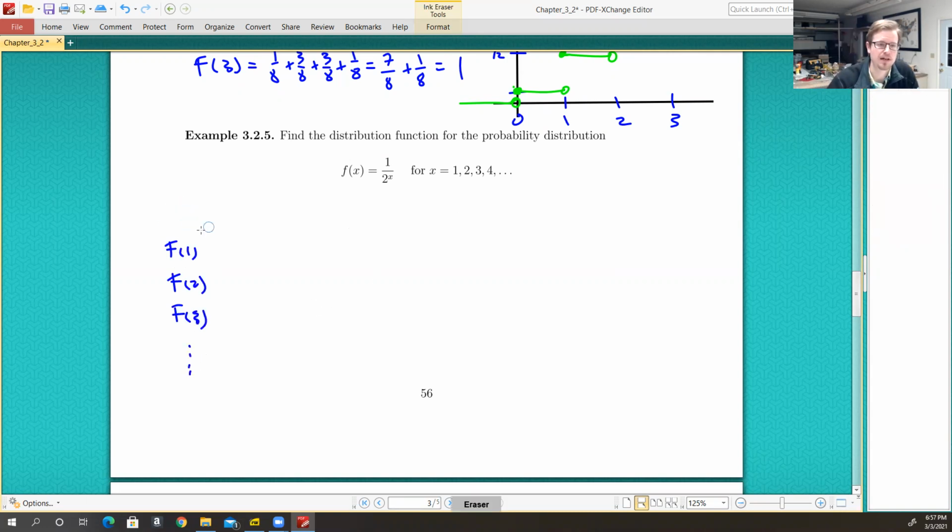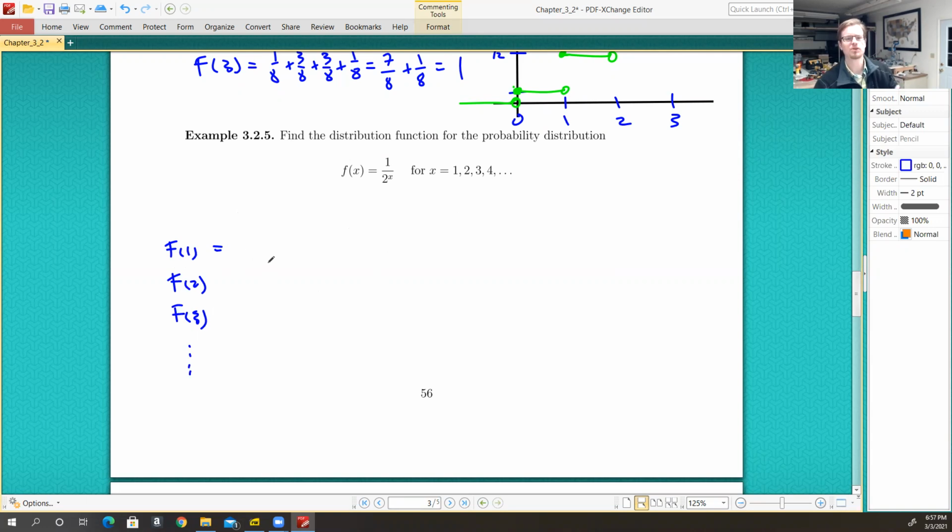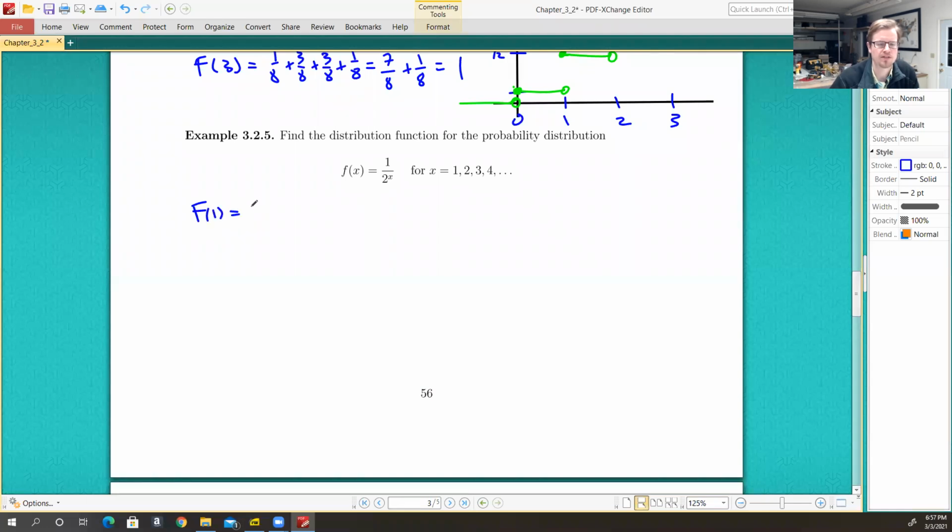And of course, we actually don't have 0 in there, so it's just these ones. I can find these individual values, and that would be a good idea. This is going to help me identify what I should get in general. So f of 1, let's just go ahead and get rid of all of that there. And f of 1 is simply f of 1, which is 1 over 2.